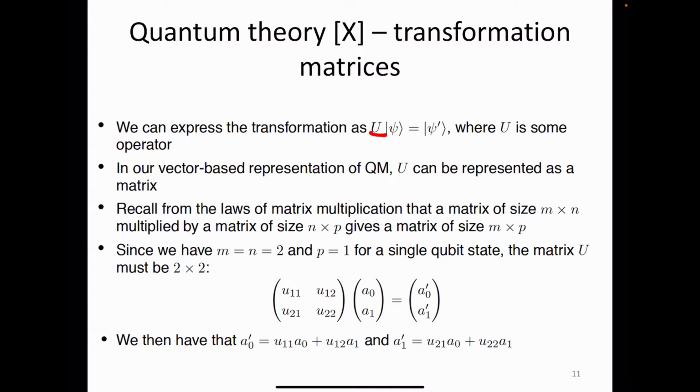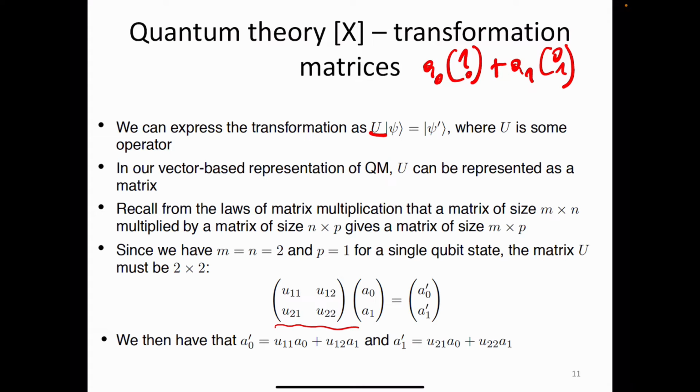So remember the state that we looked at before. We could also write it as a sub 0 times the state 0 plus a sub 1 times the state 1. So that means we have 1 qubit that we operate on here, and we operate on it with the operator U. After applying the operator U, we end up with new probability amplitudes.